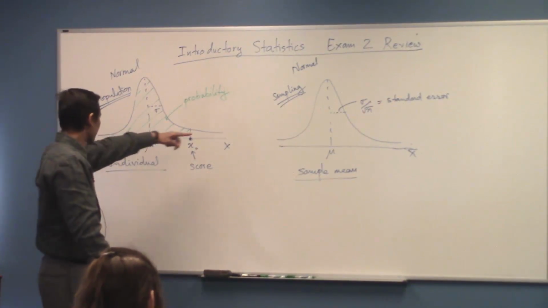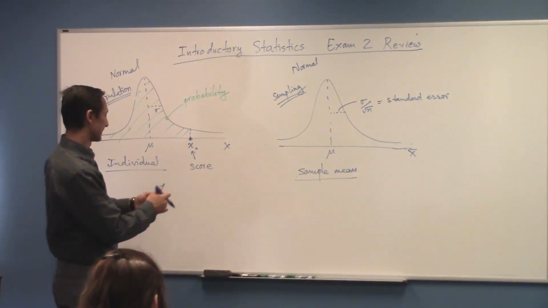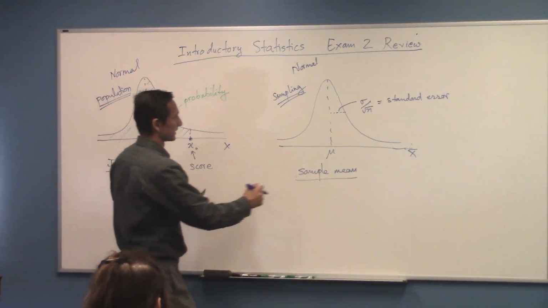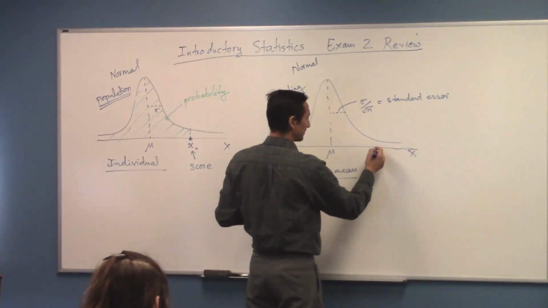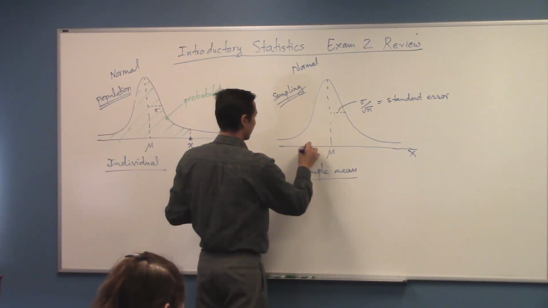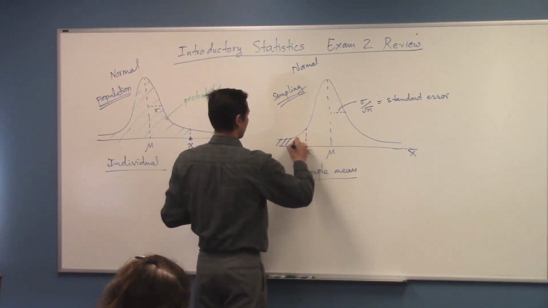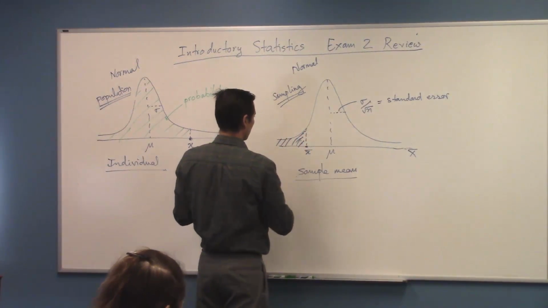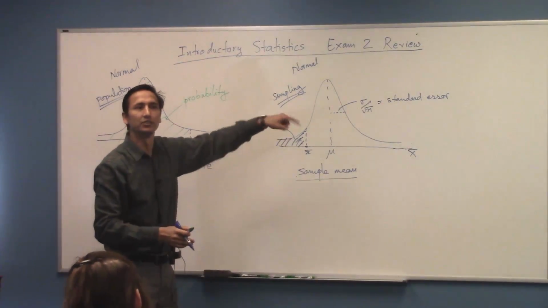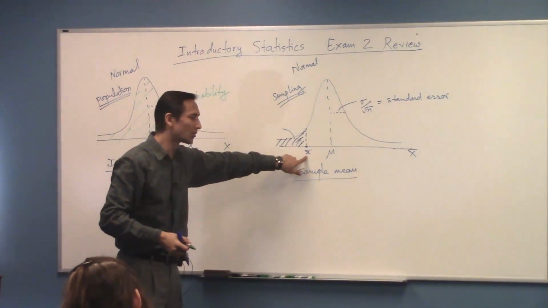The same computation applies. Given a score, which in this case is a sample mean, you need to find whether this score is a usual score or an extreme score.